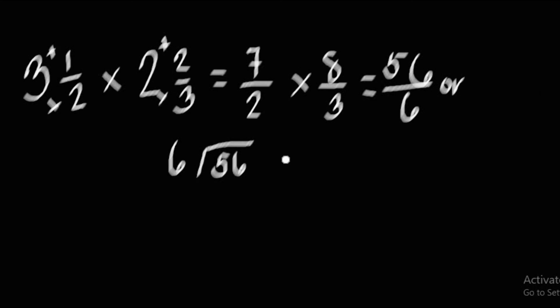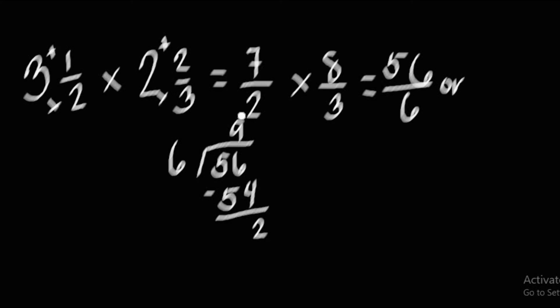How many 6s are there in 56? We have 9. 9 times 6 equals 54. So let's get the difference of 56 and 54. That is 2.